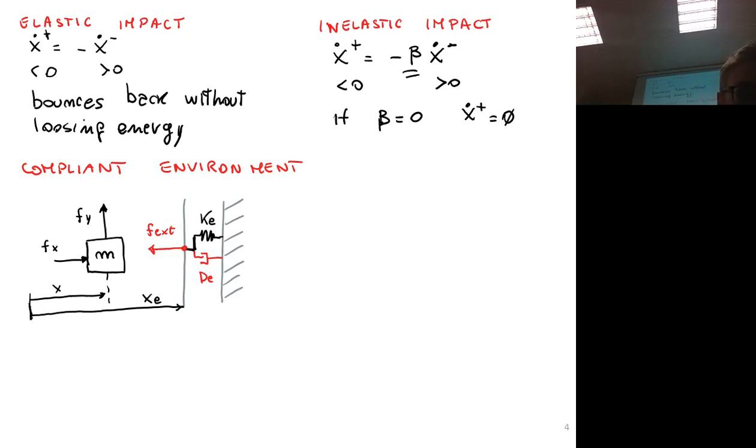This is like a wall suspended by a spring with which the robot enters contact, and the spring, whenever the robot enters in contact, will be deflected. There will be an elastic reaction force that is generated proportional to the deformation, which is the position.